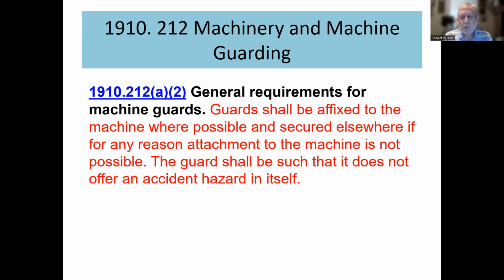Well, it's pretty simple, I think, because machines could be moved. So if it's attached to the machine and you move the machine, you move the guard. If it's not attached to the machine and you move the machine, you're going to have to take off the guard and it might not get put back on. That happens.